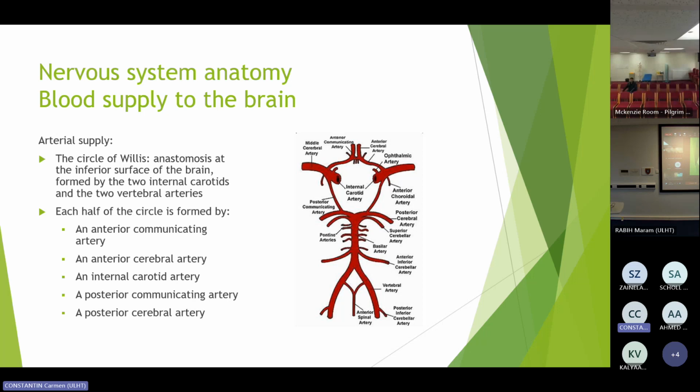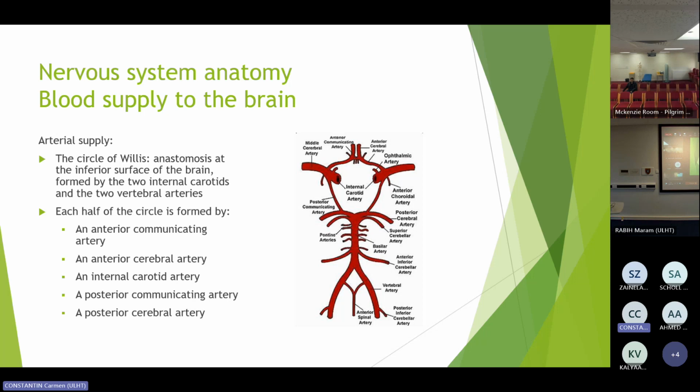This is what I was saying: we have the circle of Willis, an anastomosis at the inferior surface of the brain. It is formed by the two carotids, and the two vertebrals forming the basilar. Each half of the circle is formed by the anterior communicating artery, the anterior cerebral artery, and the internal carotid arteries, which then form the middle cerebral artery on each side.